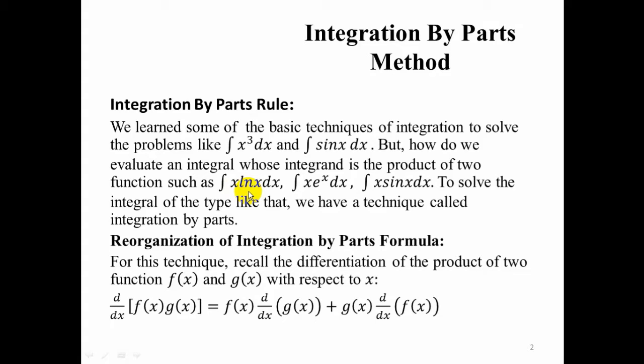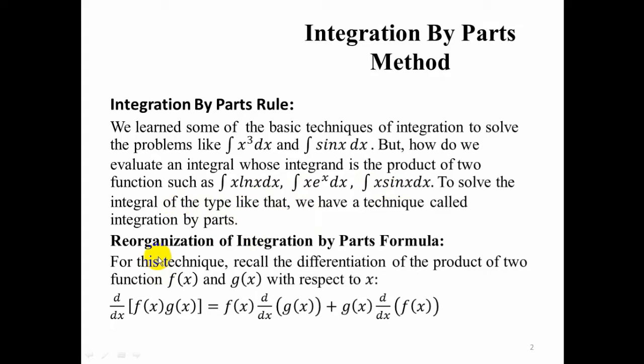But sometimes we use integration by parts when two functions are in multiplied form, like you see over here in these examples. Here polynomial and logarithm functions are multiplied, polynomial and exponential functions are multiplied, polynomial and trigonometric functions are multiplied. So to solve integrals of this type, we have a technique called integration by parts.